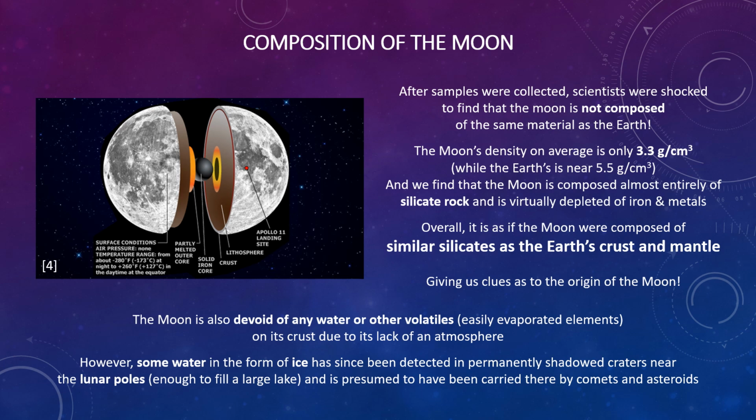They also found that the material from the moon's surface was very devoid of any water or other volatile materials. And this makes sense because they would have easily evaporated due to a lack of an atmosphere on the moon. But recently, some water has been found in the form of ice in permanently shadowed craters near the lunar poles.